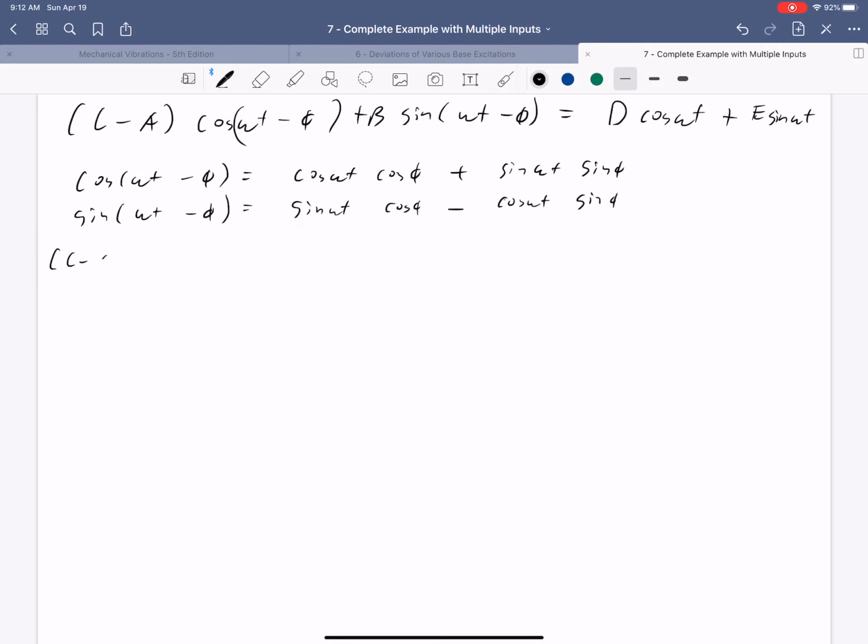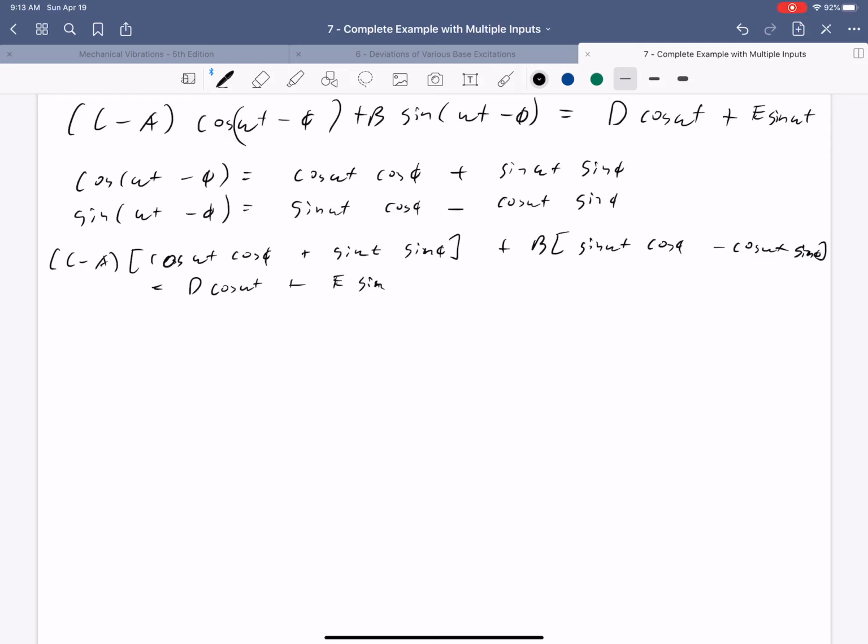So we end up with c minus a of cosine omega t cosine phi plus sine omega t sine phi plus b times sine omega t cosine phi minus cosine omega t sine phi is equal to d cosine omega t plus e sine omega t.